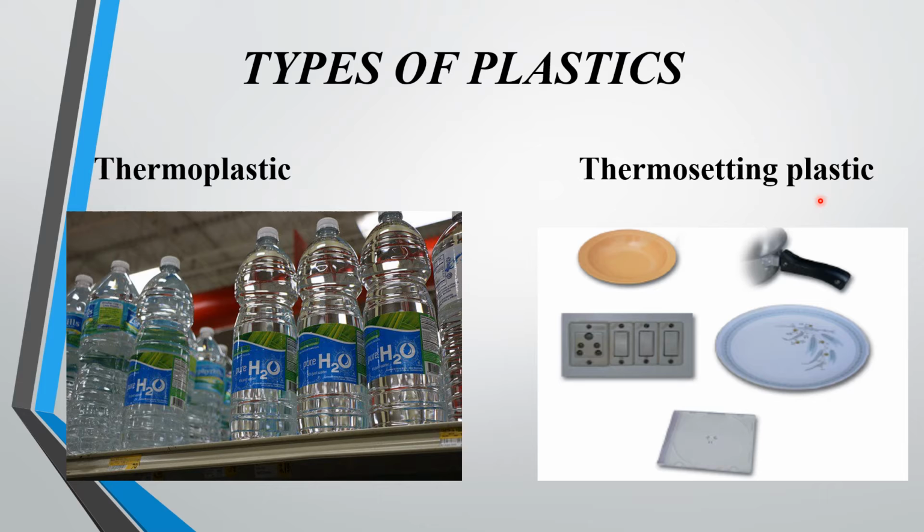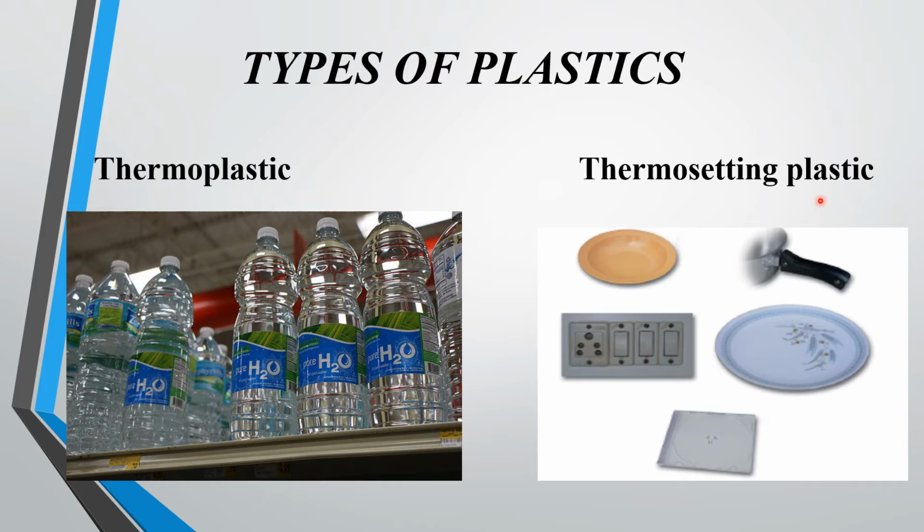Examples of thermosetting plastics are bakelite, melamine, and urea formaldehyde. So now let us have a quick comparison between thermoplastic and thermosetting plastics.